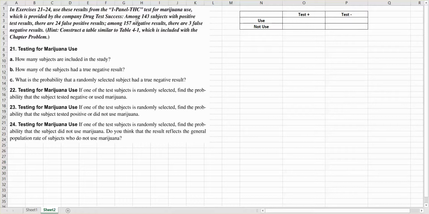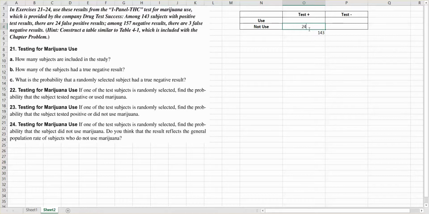The first thing that they tell us is that there's 143 subjects with positive test results. So that's the grand total for that first column. There's 143 in total that tested positive, and they tell us that there are 24 with false positive. A false positive is you test positive, but you're not a user.